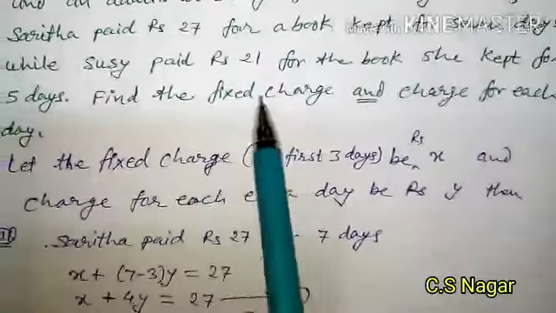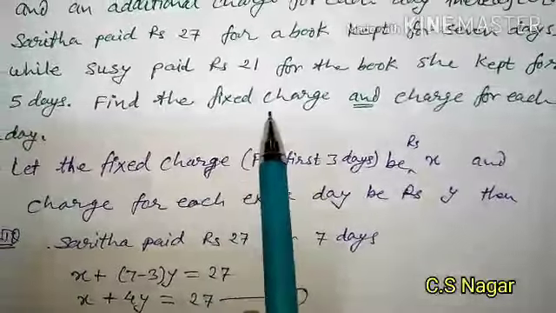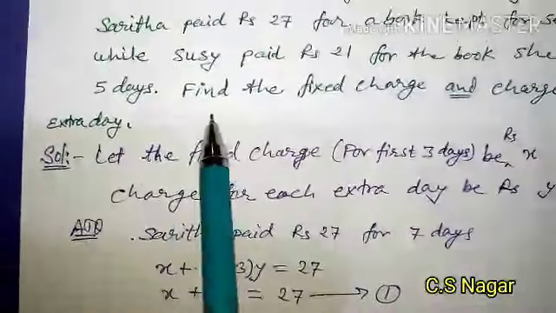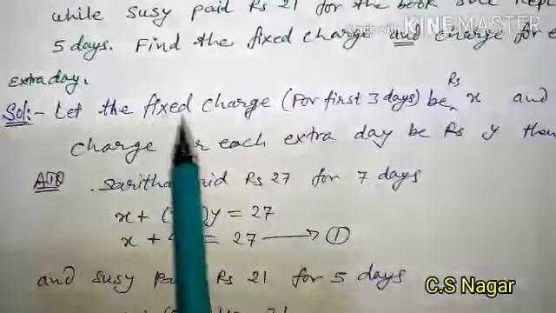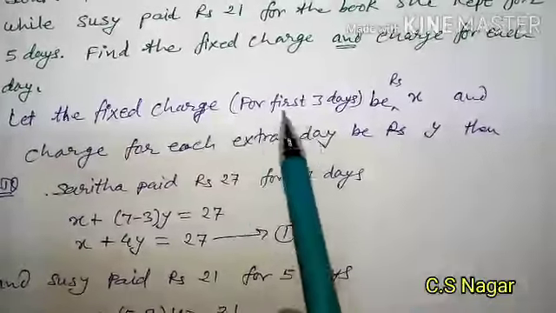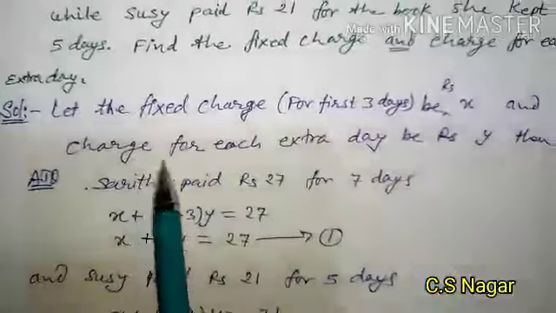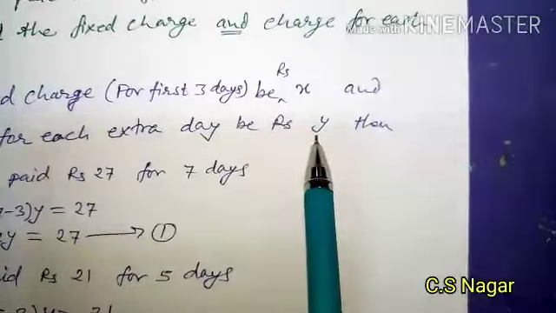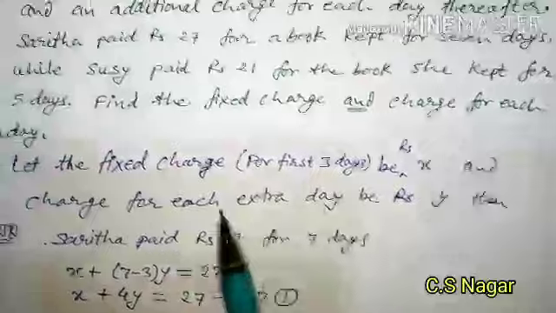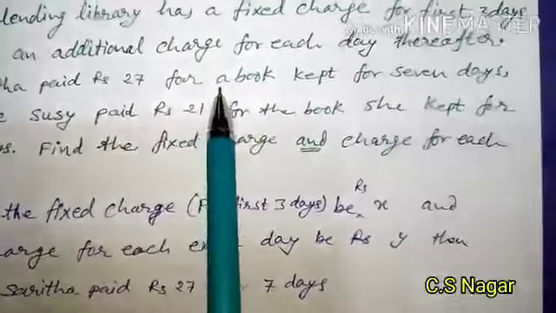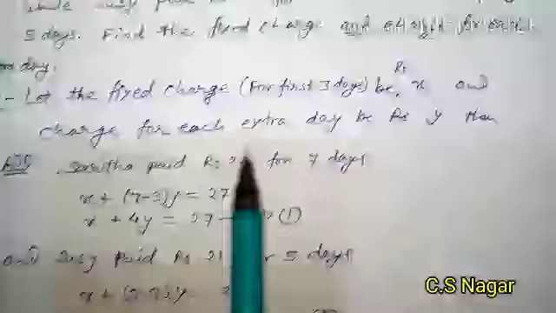Find the fixed charge. So let the fixed charge be rupees x, which is for the first 3 days, and the charge for each extra day be rupees y. Now first condition: Sarita paid rupees 27 for a book kept for 7 days.